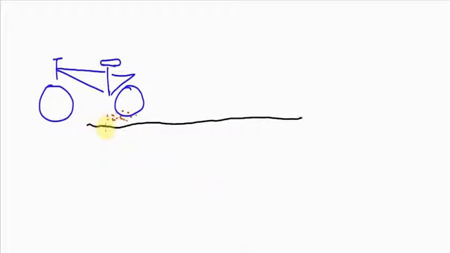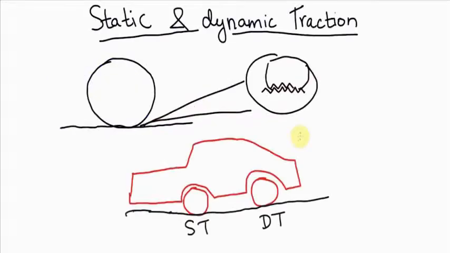Well, this is because of the static traction and the dynamic traction. To understand it more clearly, we'll look at the microscopic roughness of the road again, going back to the previous image. During static traction, the wheel simply rolls over the road surface. It's just a simple rolling motion.